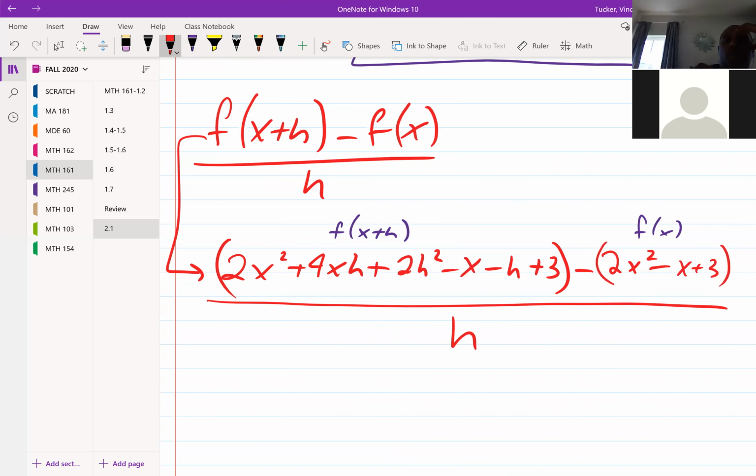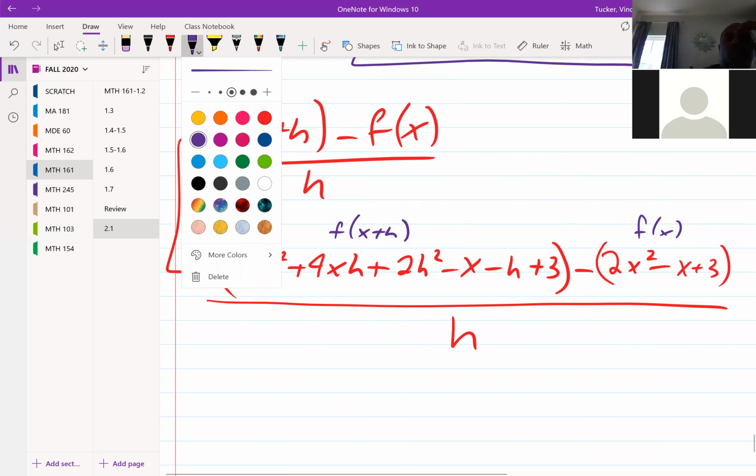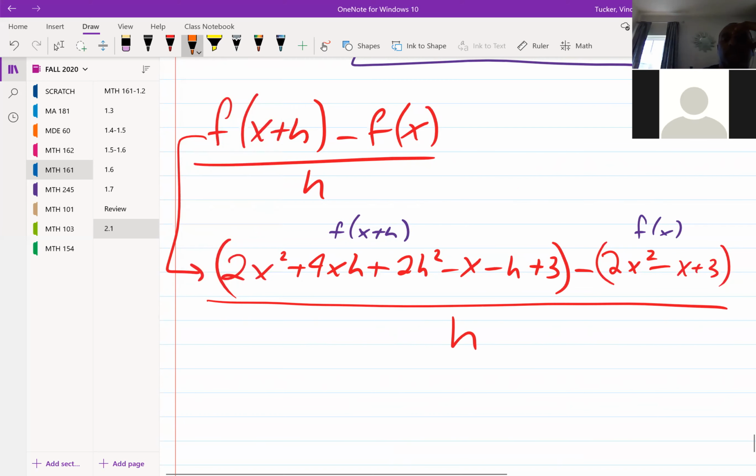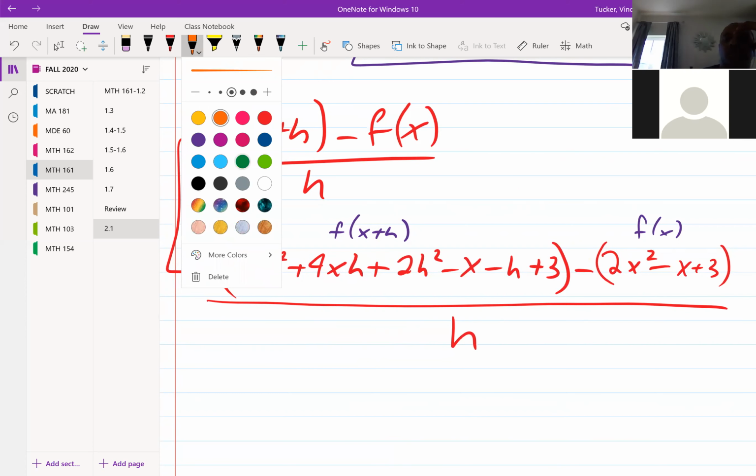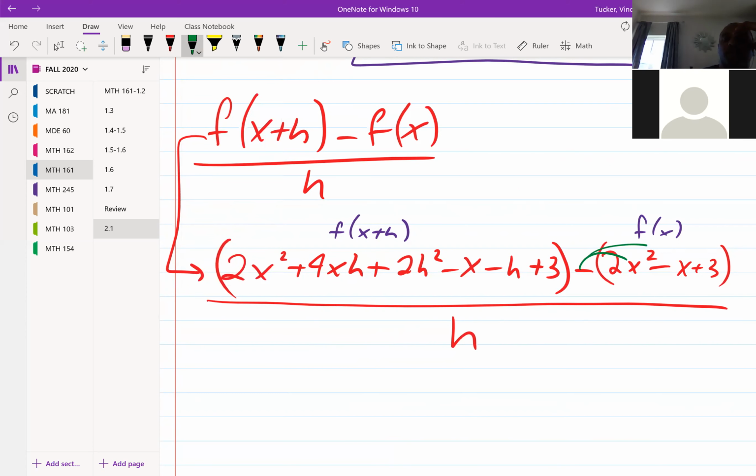All right. So before I combine my like terms, this minus sign needs to affect each one of those terms.